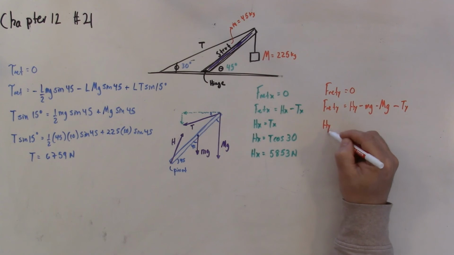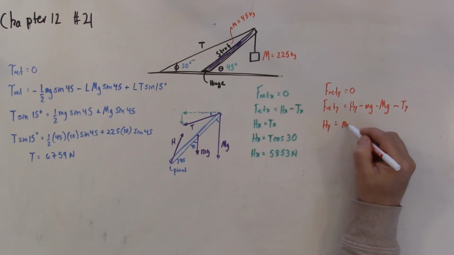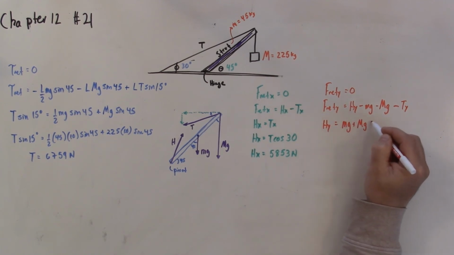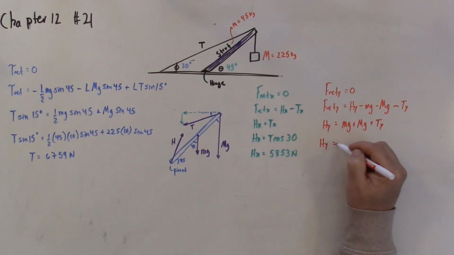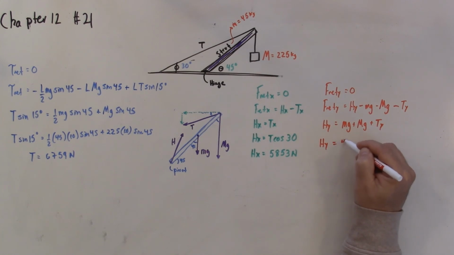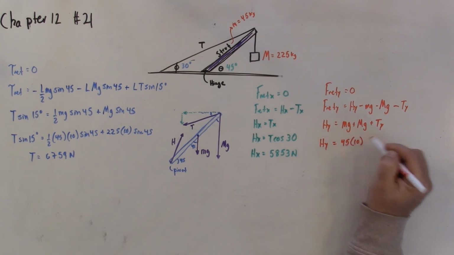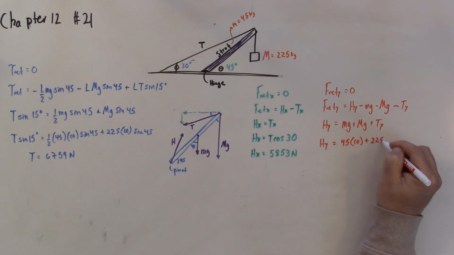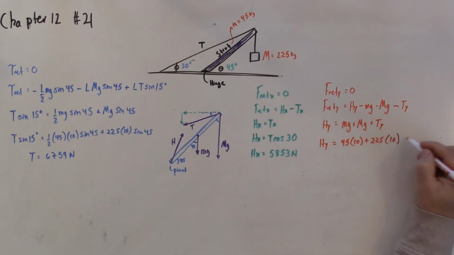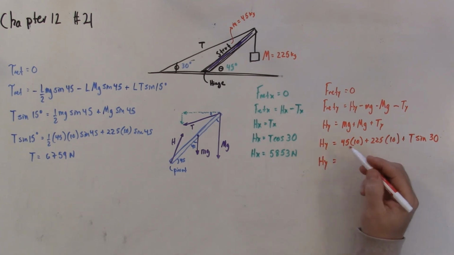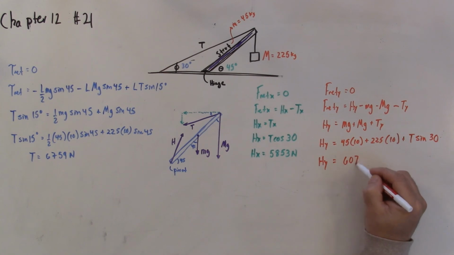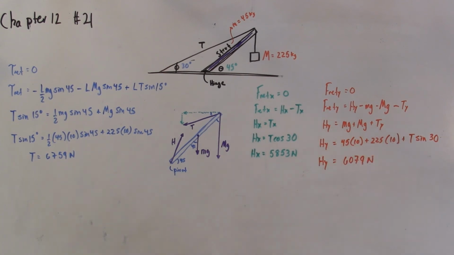So when I go to solve for the hinge in the y direction, I have little mg plus big mg plus the tension in the y direction. But I know all of these. This is 45, 225, and this is the tension times the sine of 30 degrees. And when I plug and chug this, I end up with 6,079 newtons.